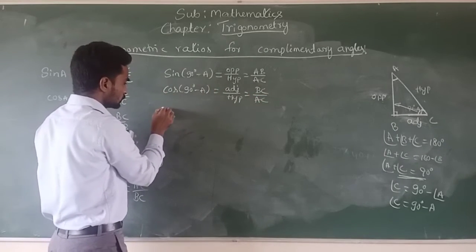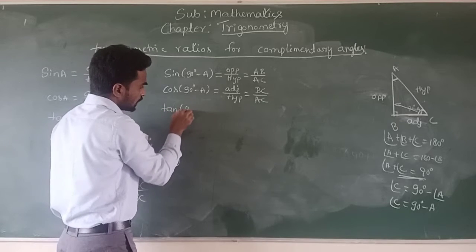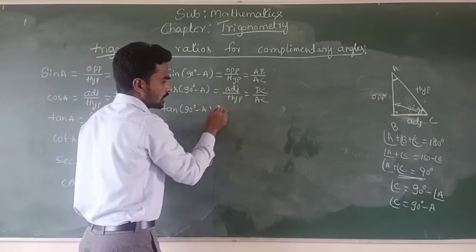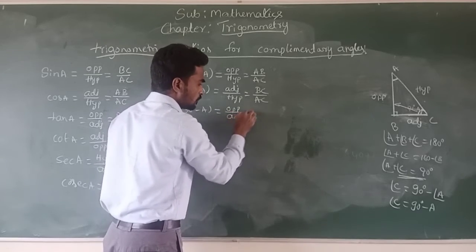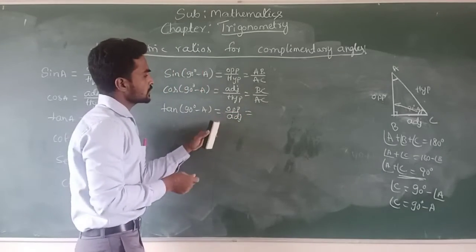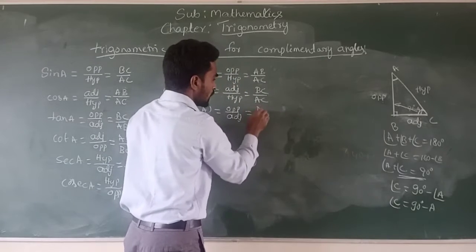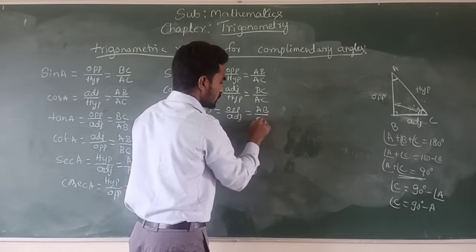Next, tan of 90 degrees minus A is equal to opposite divided by adjacent, that is AB by BC.